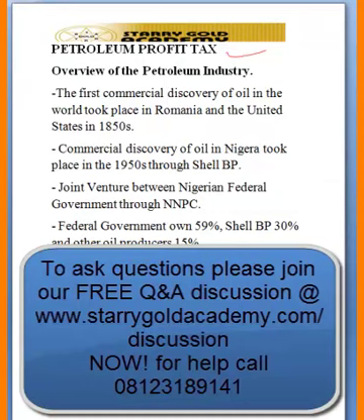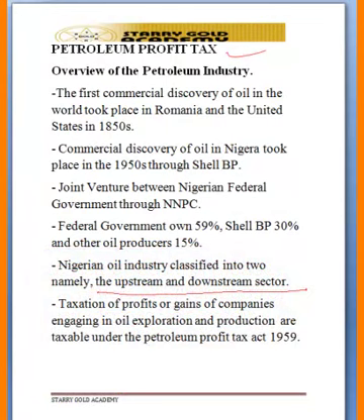The upstream sector involves all the activities carried on in the exploration, development, and production of crude oil from its natural state. Exploration, that's discovery, trying to bring out the crude oil in its natural state from the ground.